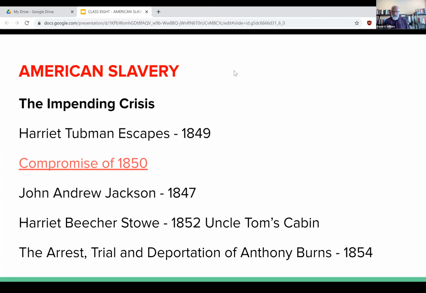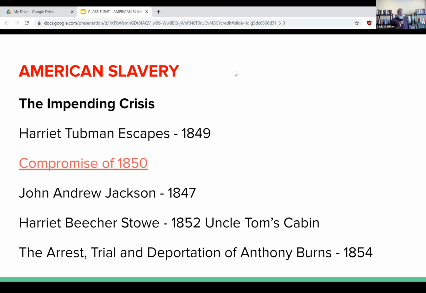So enter the Fugitive Slave Law of 1850 and the creation of what's really the first federal police force. The law empowered commissioners to go wherever they chose, anywhere in the United States, and gave them great power to arrest and jail and bring to trial alleged runaway slaves.